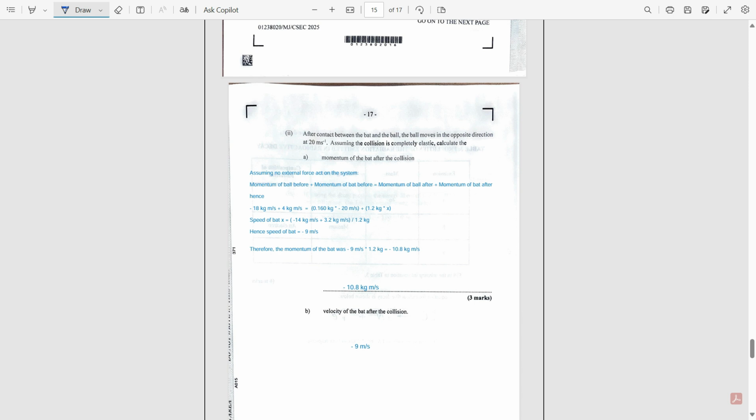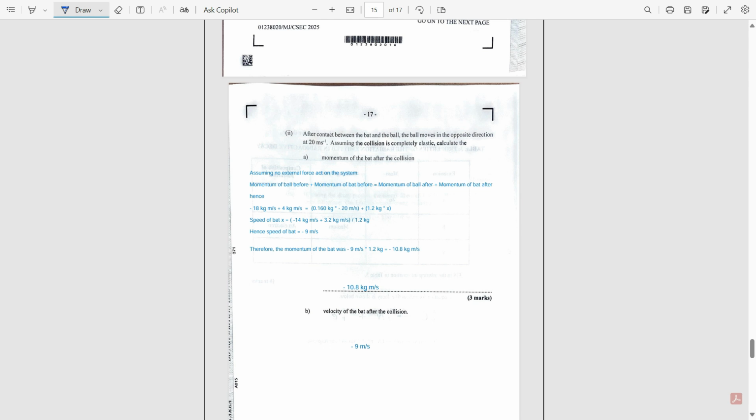And so we're going to subtract. We find that negative 18 plus 4 gives us negative 14. And so since 0.16 times negative 20 gives us negative 3.2, we're going to add it to this side. So we have negative 14 plus 3.2. They have the same units, which means we're going good.